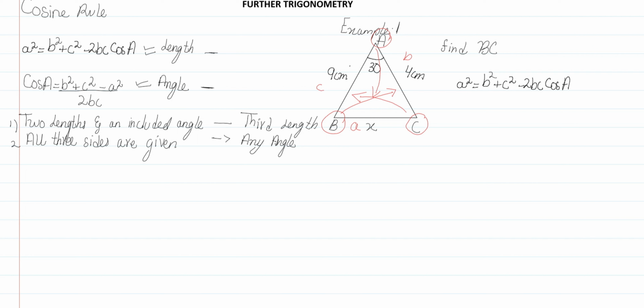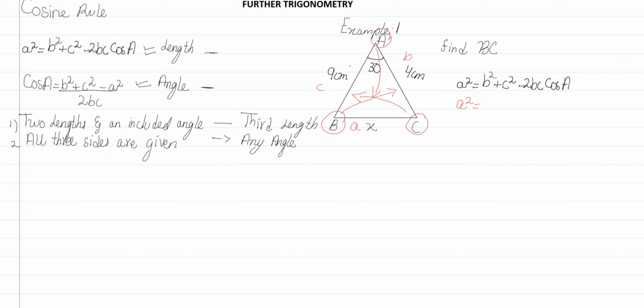According to the formula, just plug in the values. You have to find the length a, so a square is on the left hand side, and for the two remaining lengths you add the squares of these lengths.